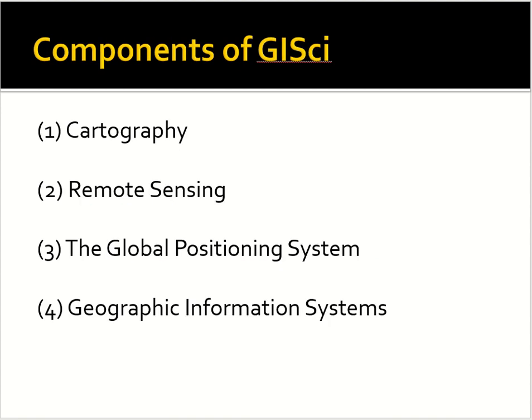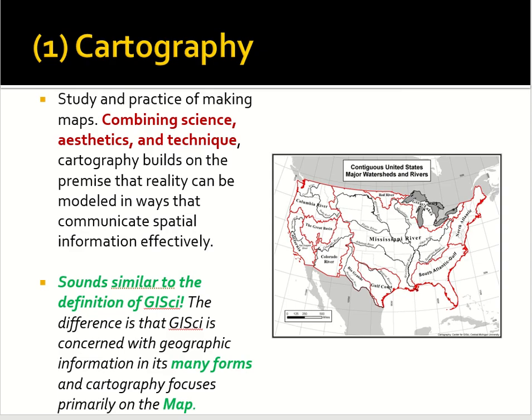So here, main components: cartography, remote sensing, GPS, and GIS. So cartography, in short, the study and practice of making maps. It's an essential component of GIS, but it's not necessarily tied to GIS. So as I mentioned, this is something geographers have been doing for hundreds of years.